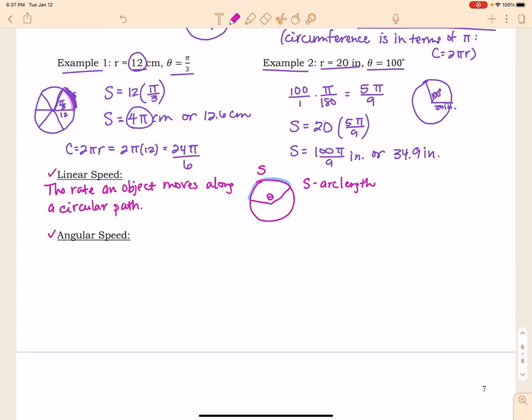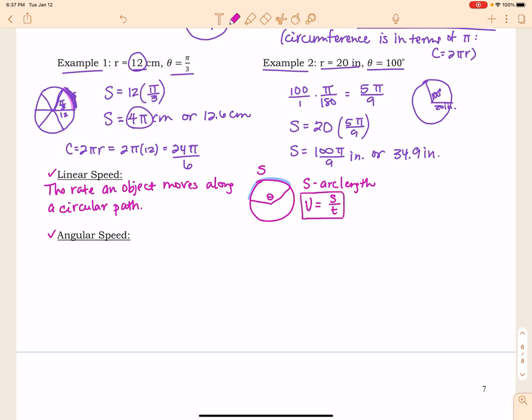So for linear speed, the symbol that I'm going to use looks like a V, but it's actually a Greek letter that represents linear speed, and it is equal to S over T. So this is our formula for linear speed.